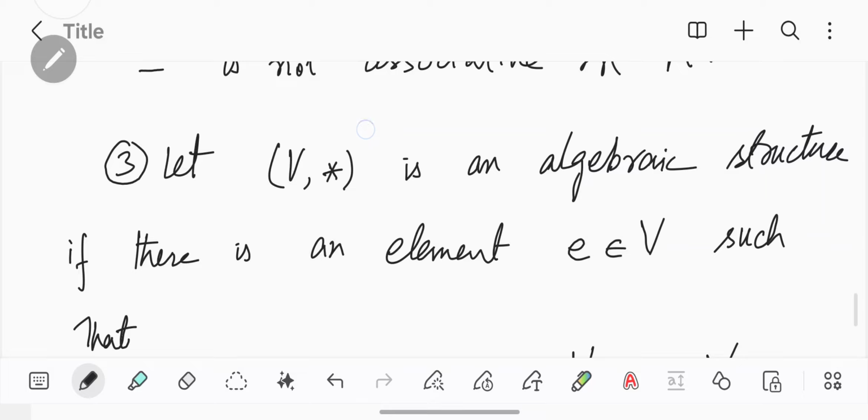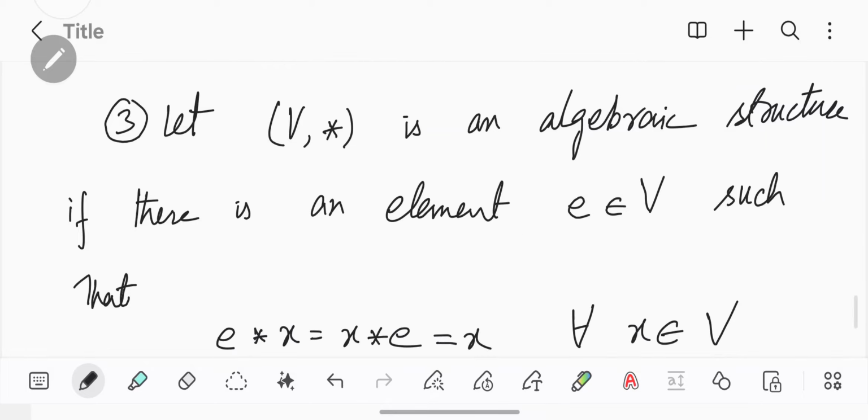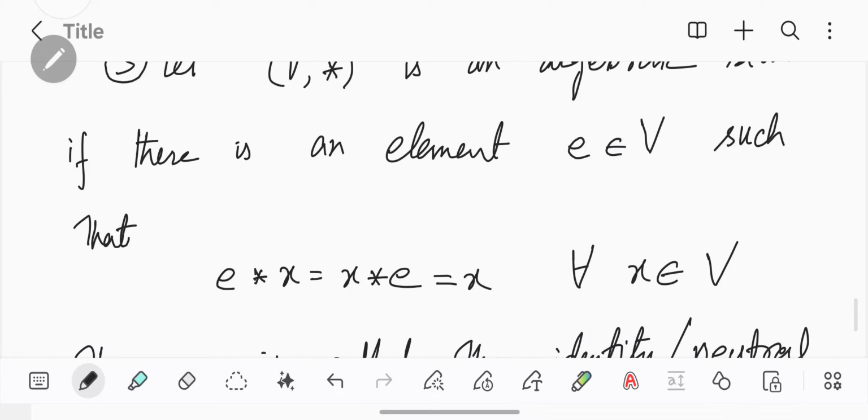If this is an algebraic structure, if you are able to find an element inside this V, you can call it E. If there is an element such that if you operate that element with x from the left side or you operate that element with x from the right side, you will get only x.